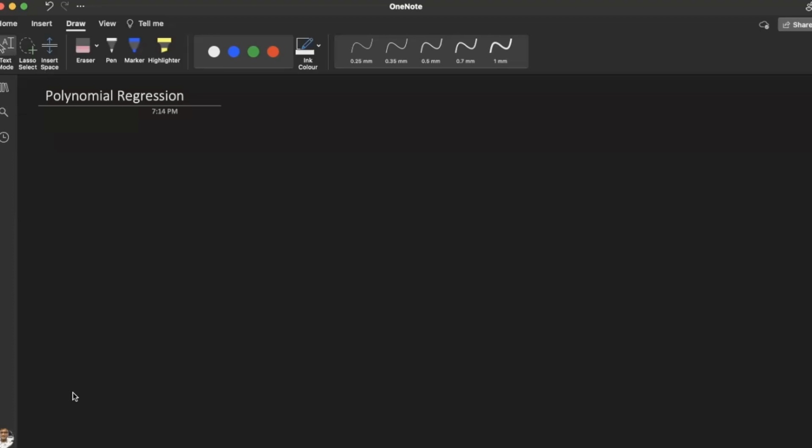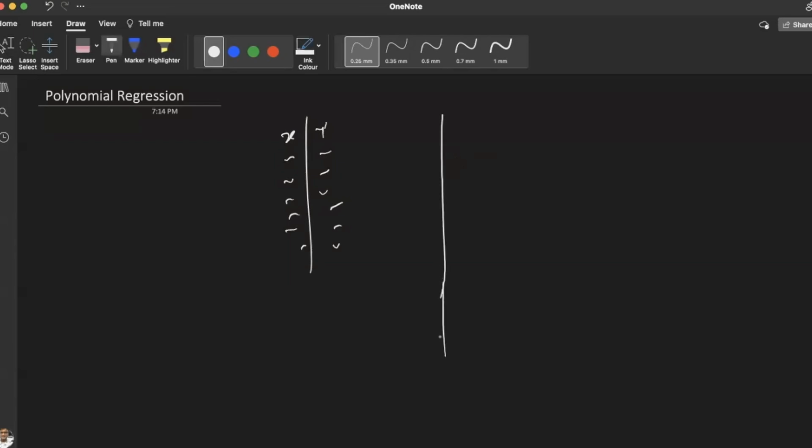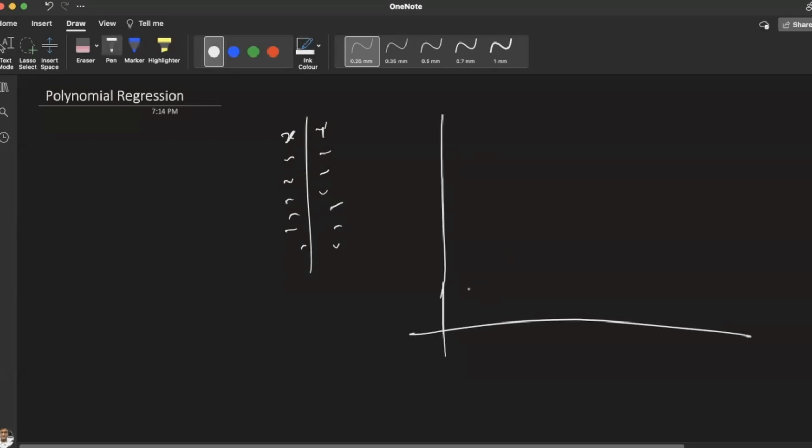So let's say I simply have another data with me, once again I will have one input, one output, x and y. So there we have some numerical values, both are continuous numerical values. And let's say we plot the data, and the data looks something like this.